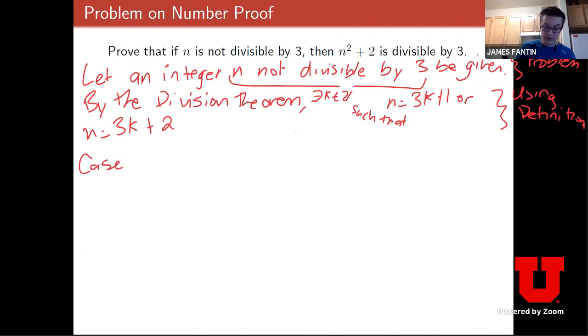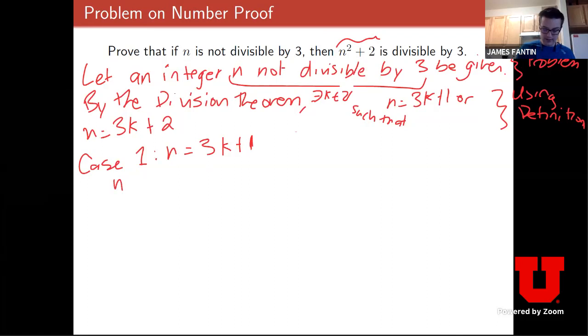And then for this problem, we've got two cases from the division theorem. Case 1: n is equal to 3k plus 1. We want to look at what n squared is, or what (3k plus 1) squared is, and conclude that this value is divisible by 3, or in other words, that it can be written as some 3 times k for some integer k.